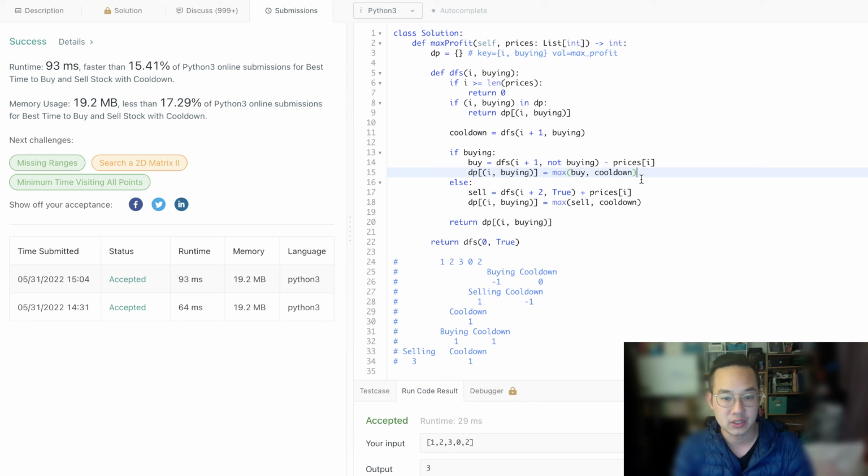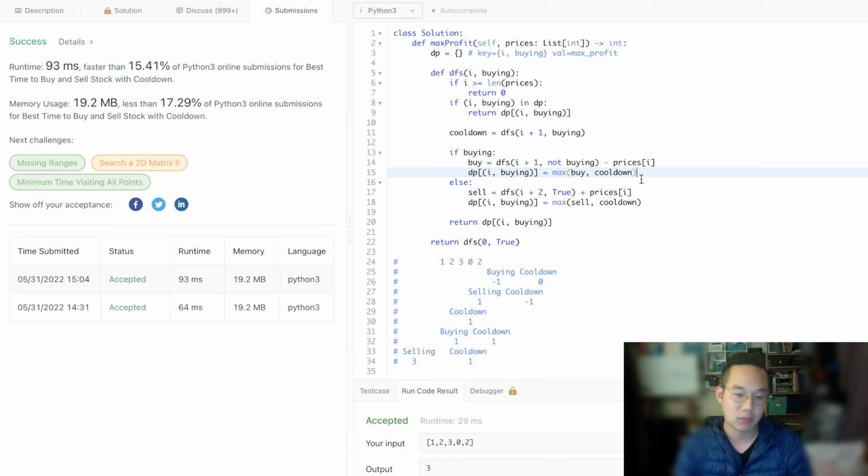This is a very interesting problem. Hopefully, the next time we see it, we think of these types of solutions and think about how we can run DFS to store this data, whether we should buy, sell, or cool down.